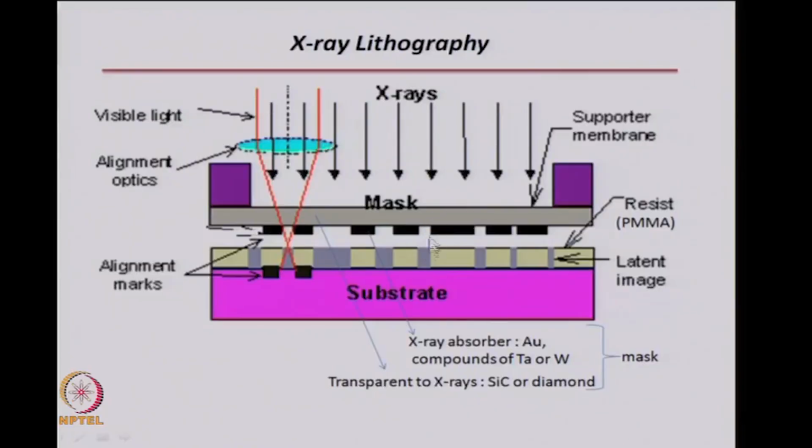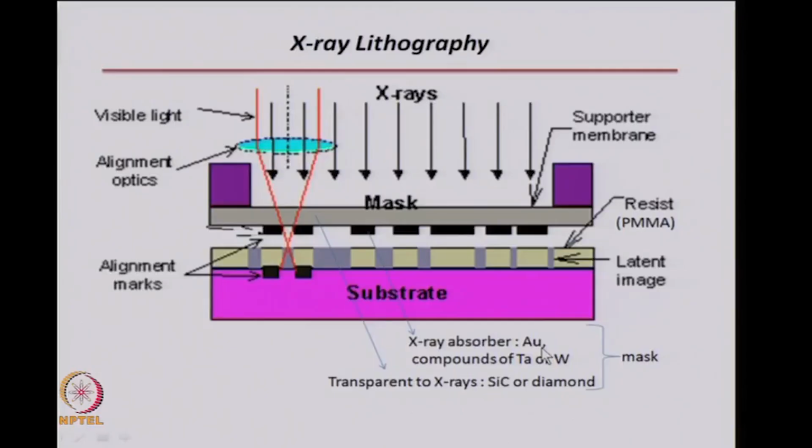The mask is kept away from the film of the polymer, and there is a gap. This is an important thing, and then the materials that you use are different. You need to make the mask in such a way that you have some X-ray absorbing materials on the mask, and these X-ray absorbing materials are made up of either gold or some compounds of tantalum or tungsten.